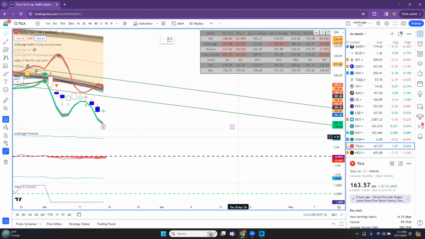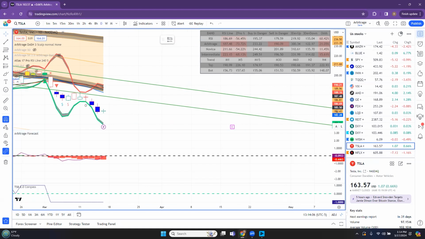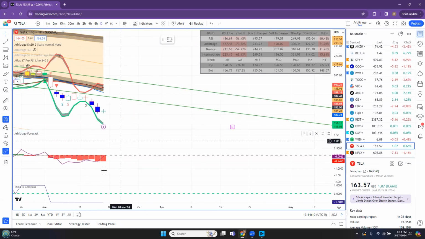We need to find support somewhere around 182 first before we can do anything else. Likewise, our forecast is saying we can do this, we want to do this, but it has to go green first. So the moment that we see that our forecast is back above that dash black line, that should allow us to be able to trade with a little bit more confidence.